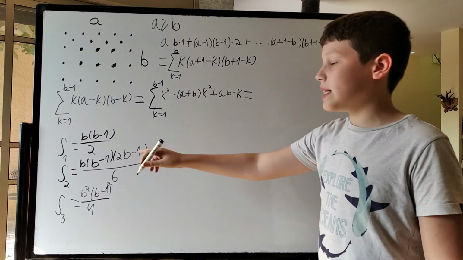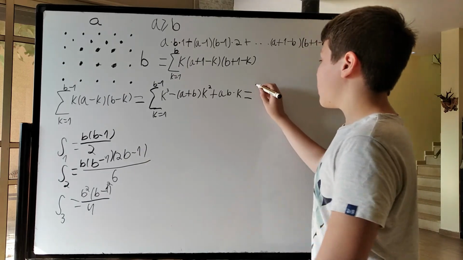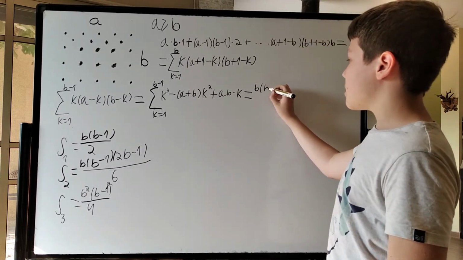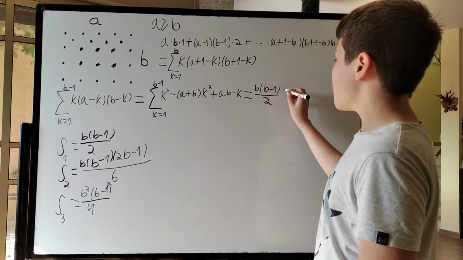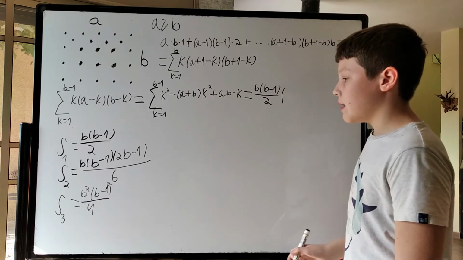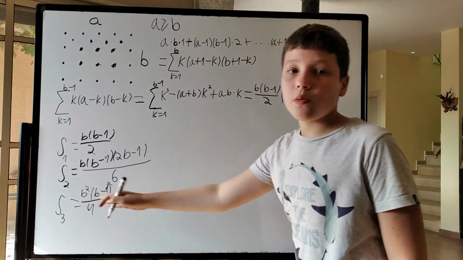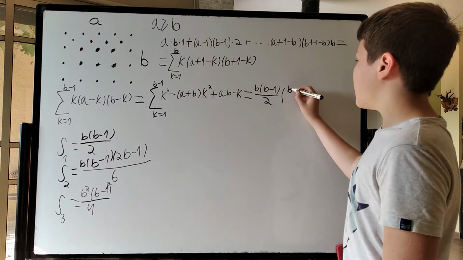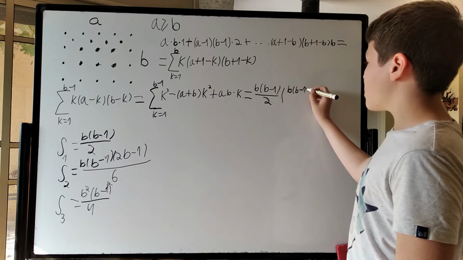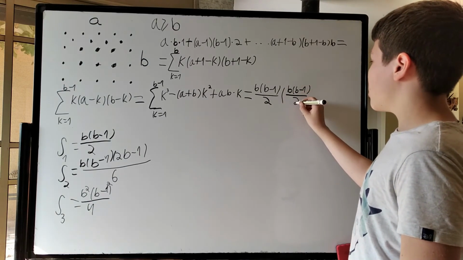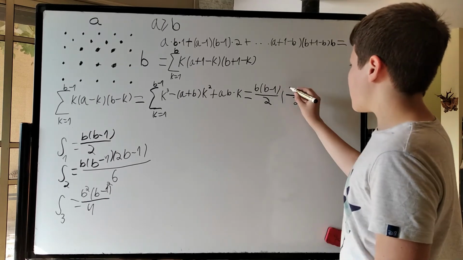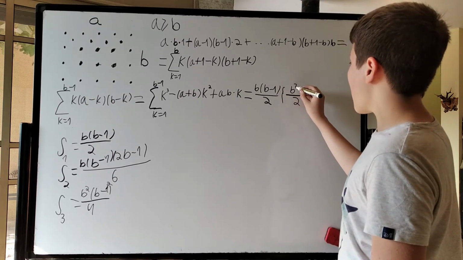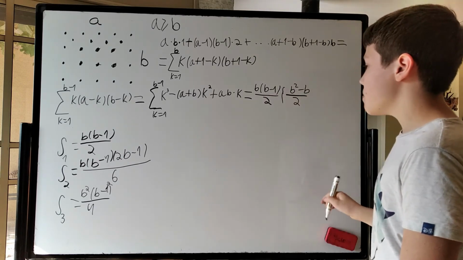And now we'll use these formulas, and like I said, we'll take out a b times (b minus 1) over 2. Taking that out from the k cubed term leaves b times (b minus 1) over 2, which I'll actually write as (b squared minus b) over 2.